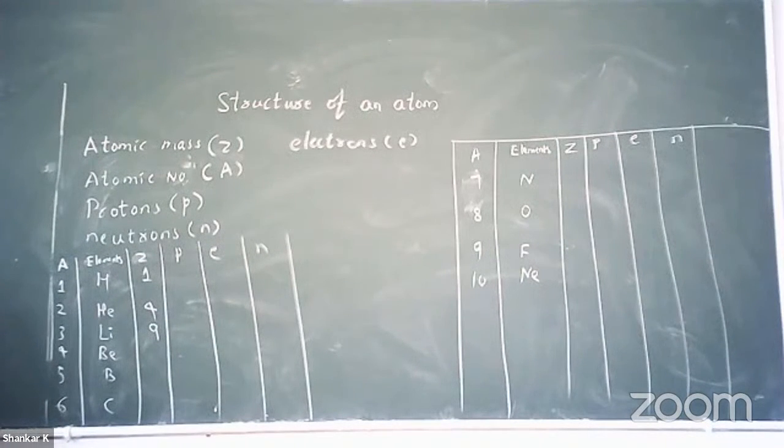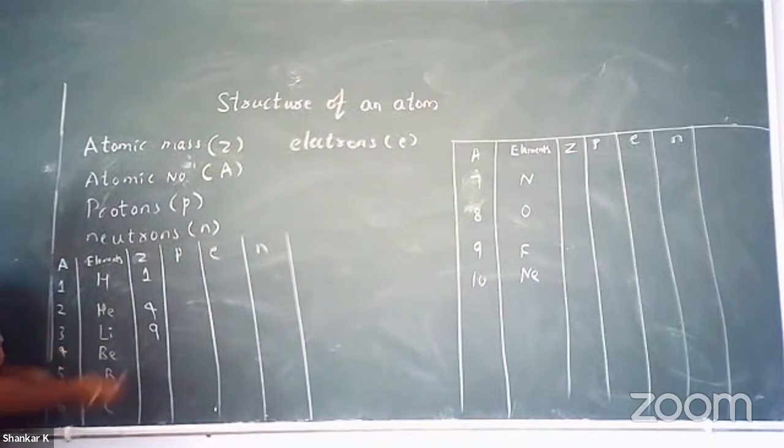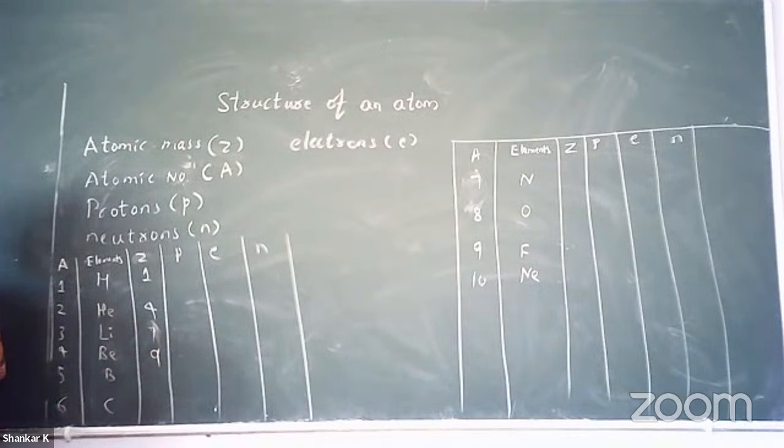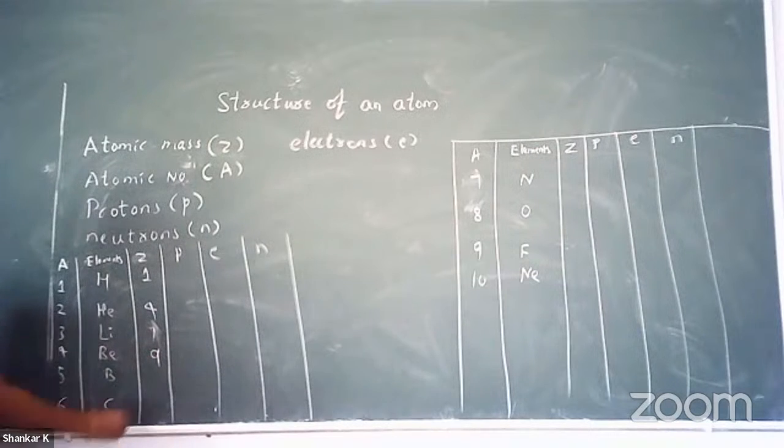Ma'am, lithium is 7, I want the mass number. Yes, lithium is 7. Okay, so beryllium is 9, and boron is 11.